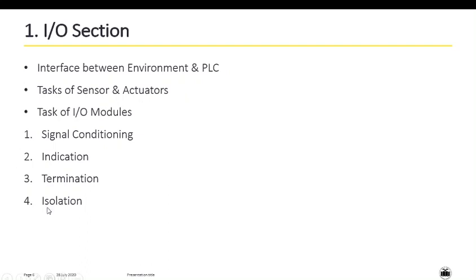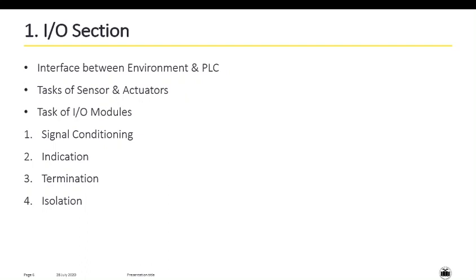And fourth one is isolation. Just like your relays, PLC input modules and output modules act as isolation devices. Input output modules consist of optocouplers, and with the help of optocouplers, if very low signal or very high signal is present at the input, that is isolated from the 12 volt or 24 volt of the PLC.